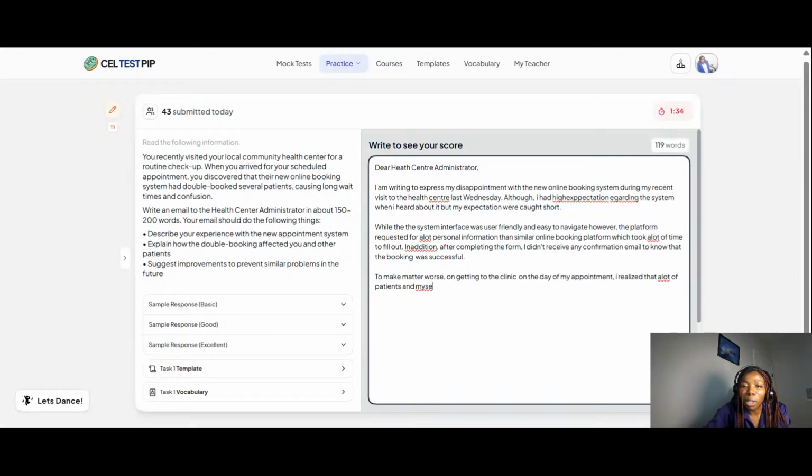Several patients and myself were double booked for the same time slot, which caused a lot of confusion. Overcrowding. You state the problem it caused.